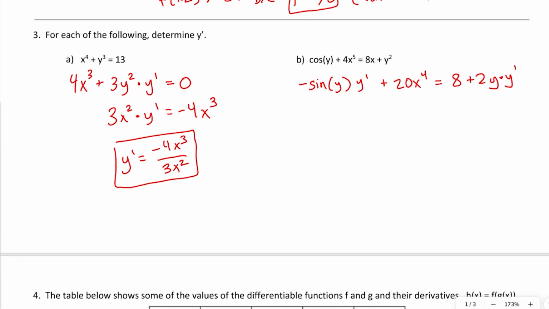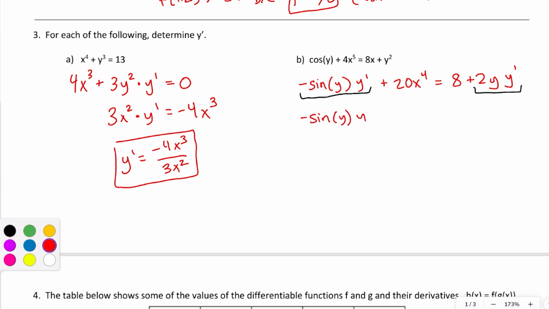So what I really need to do here is try to isolate my y prime by bringing all the terms that have y prime over to the left. So I've got two of them, this one with the sine and this other one over here. So I'm going to have negative sine y prime, minus 2y y prime equals 8 minus 20x to the fourth.